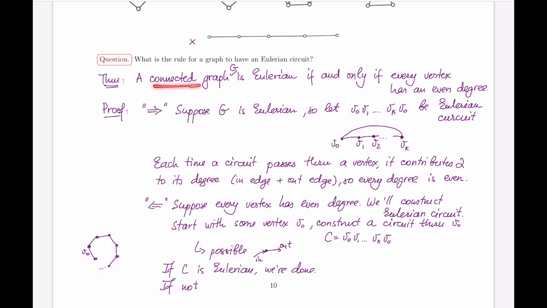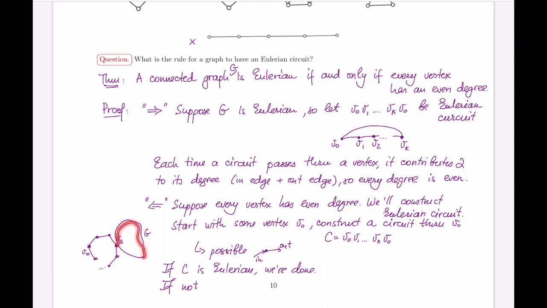The graph we started with is connected, which means that if I simply take out this circuit, there will be some edges that connect it to the other graph. There will be some vertices in common with that. So for example, let's say that this vertex right here, let's call it VS, some special vertex VS, will be connected to the rest of the graph G. And then I can repeat this exact same process starting with the vertex VS as opposed to V0.